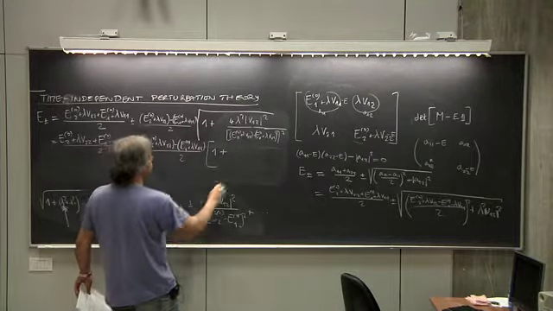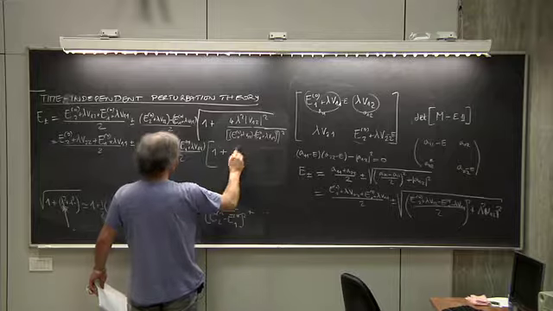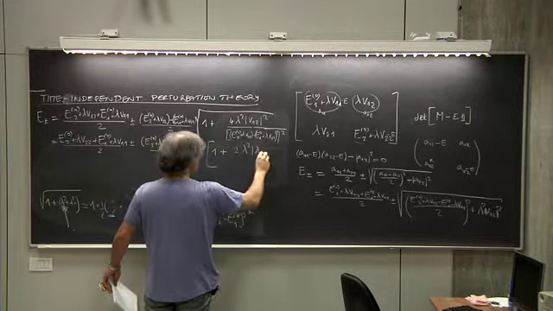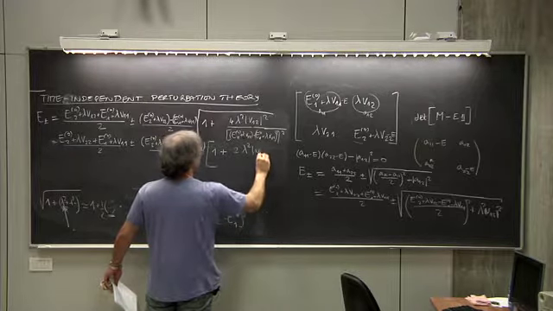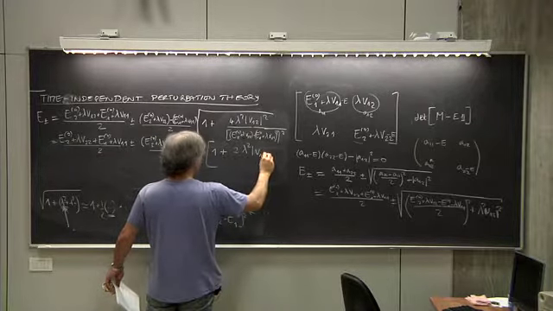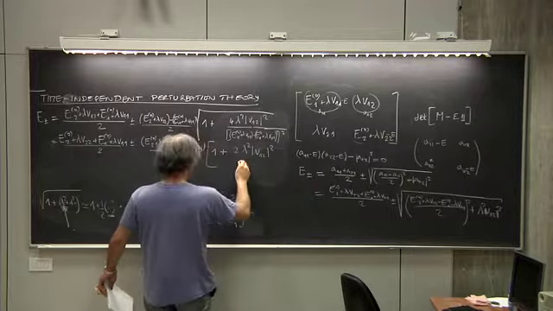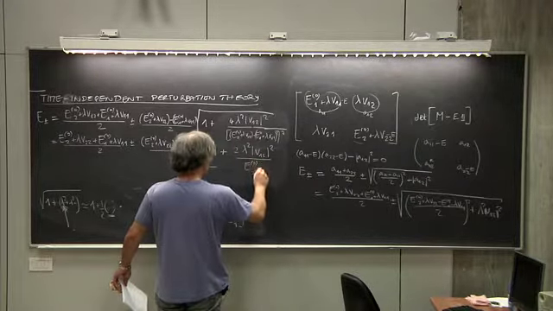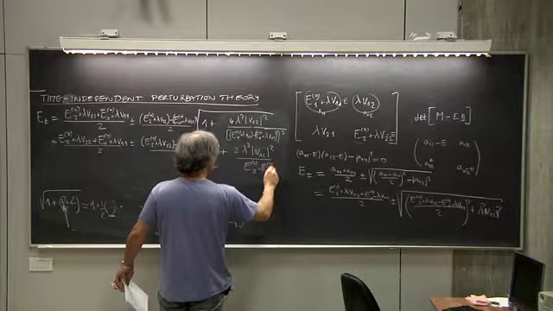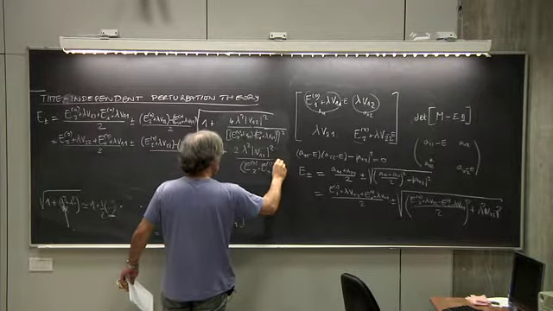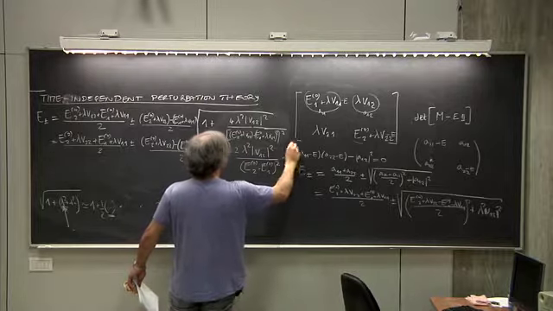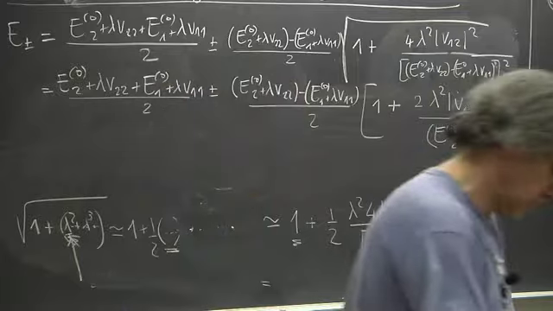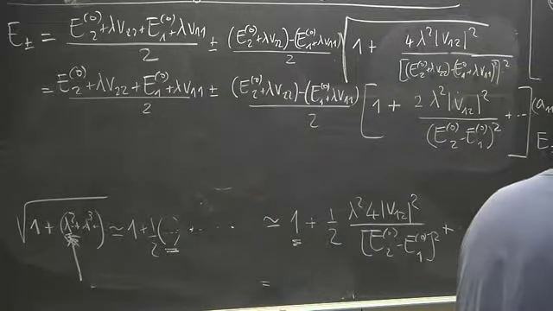So the 4 and 2 is just 2. Then I have lambda square |V12|^2 divided by (E02 minus E01) squared. Okay? Let's see if we agree with this up to this point.